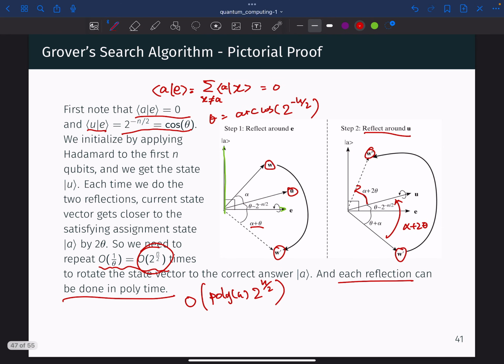So in the end, the reflection around E plus reflection around U can be done in polynomial time. Yeah, so that completes the proof for Grover search.